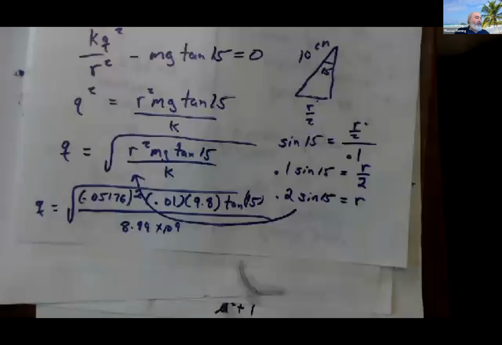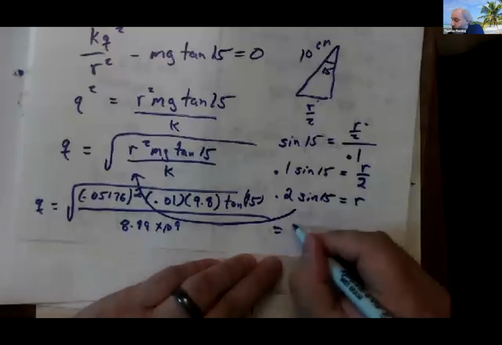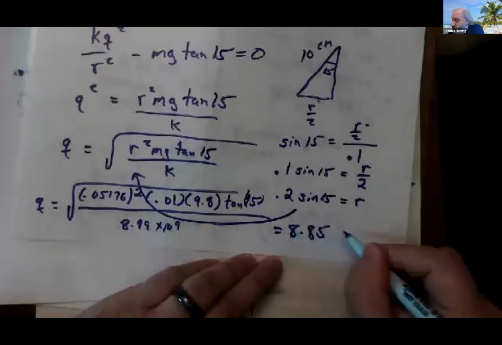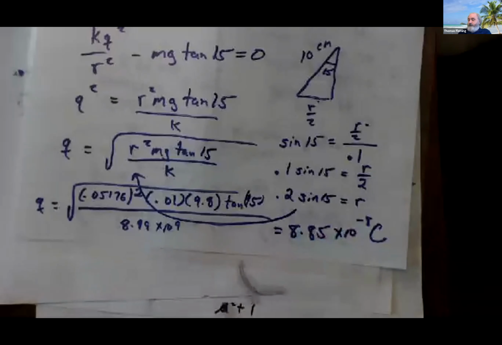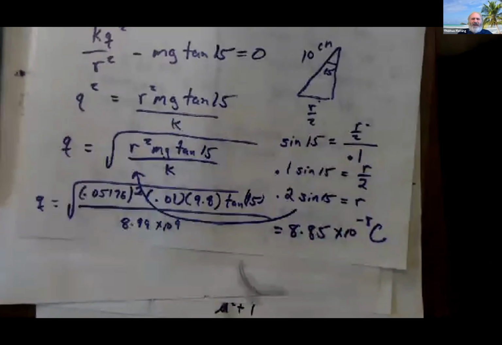I'm getting 8.85 times 10 to the minus 8, which is about 88 nanocoulombs. Yeah, that's what I got. So that's the whole shebang, right?